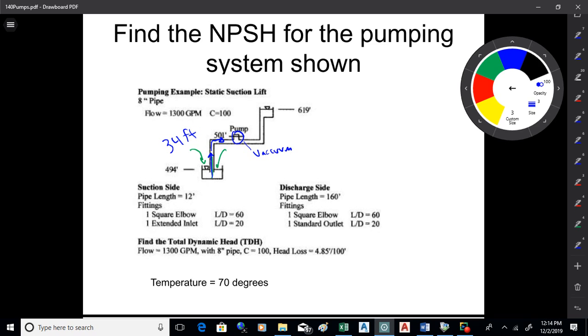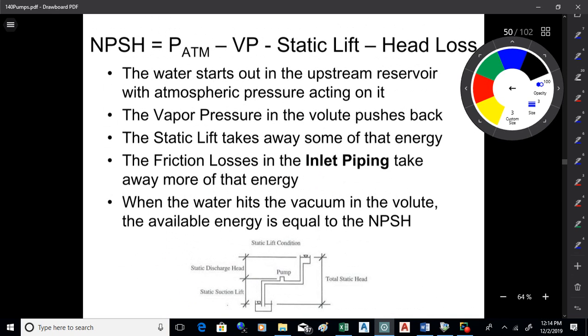That's the maximum. But some things make it difficult to do that. You start with your 34 feet at sea level, an average pressure at sea level, but then you have to subtract a few things to figure out how much energy you've got.